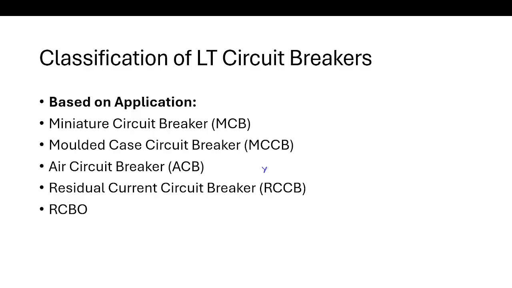So based on application, there is the miniature circuit breaker, which we call MCB; the molded case circuit breaker, MCCB; the air circuit breaker, ACB; and the residual current circuit breaker, RCCB. And there is a new technology, RCBO. So this is the classification by mode of application.